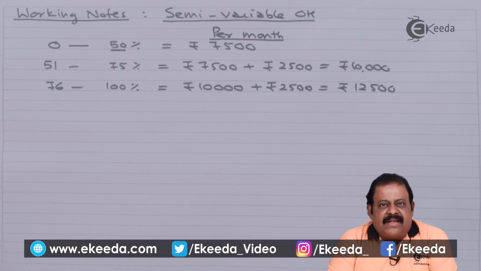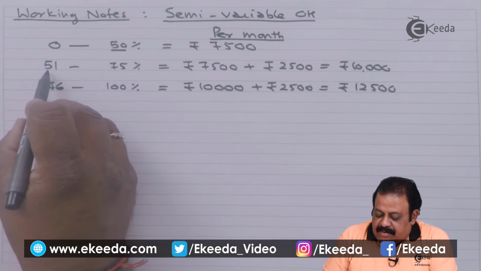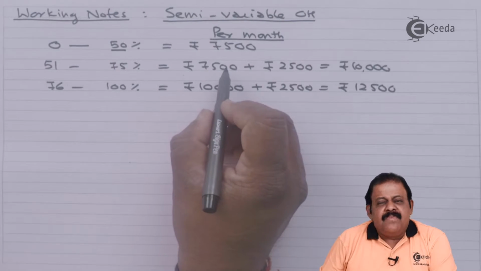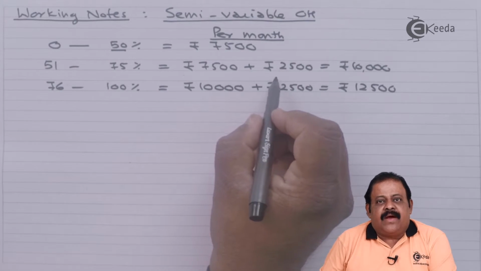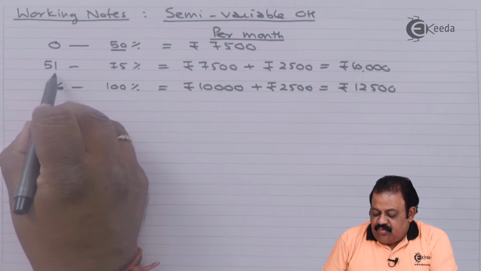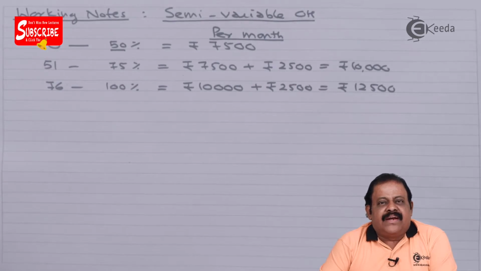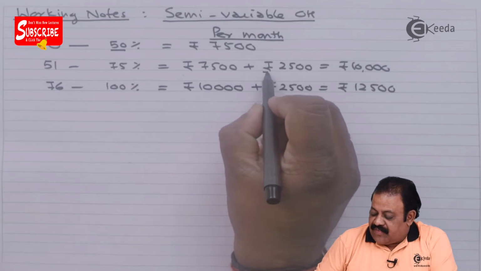If we increase capacity by 25% more, that means more than 50% up to 75%, our semi-variable overheads will increase by 2,500.